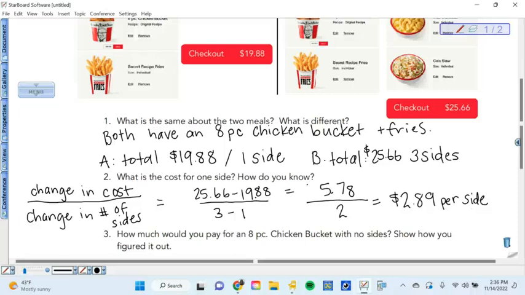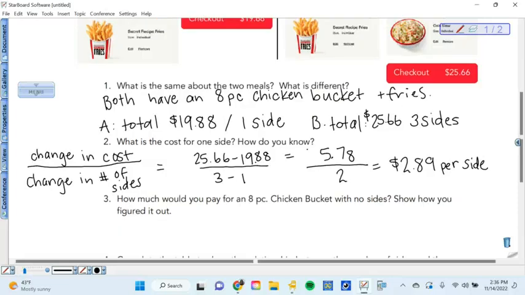So how much would we pay if we just want a chicken bucket? We don't want any sides. How are we going to figure out how much we'd pay for just a chicken bucket, no sides?